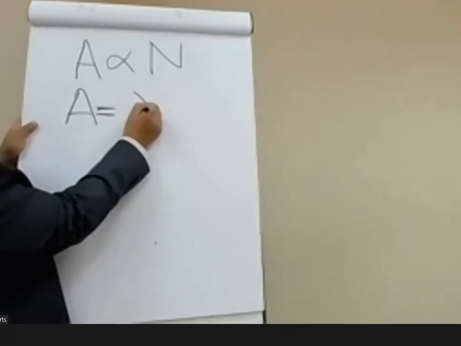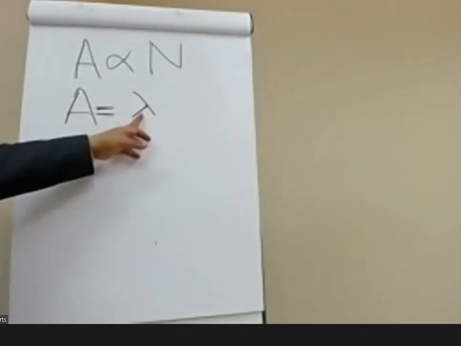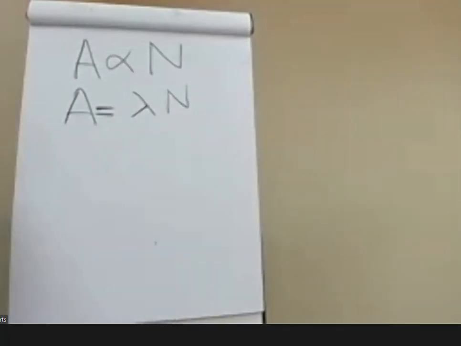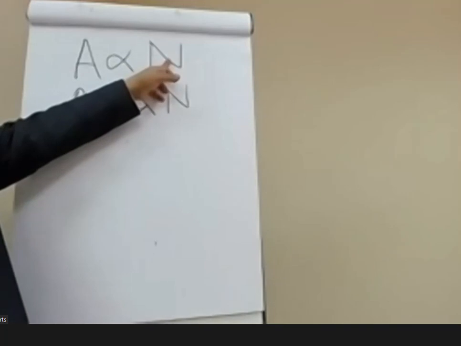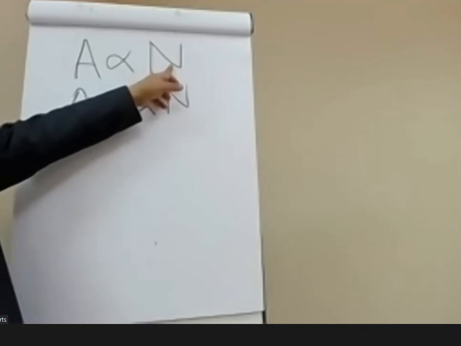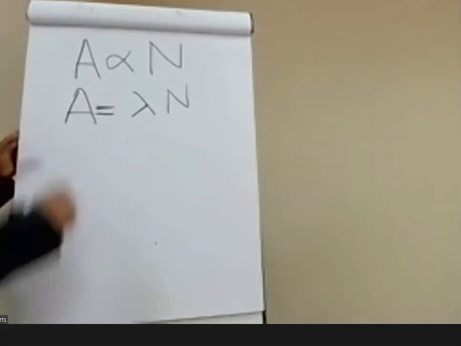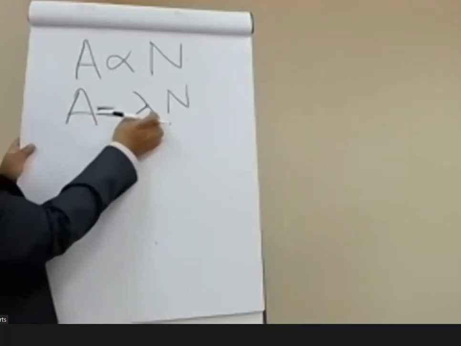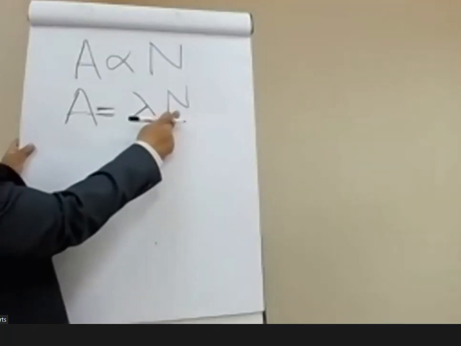I give this the symbol lambda, times the number of atoms. I started from activity proportional to the number of atoms. More atoms in the radioactive source, higher activity. And now, in the step from proportional, I got activity equal to this constant multiplied by N.